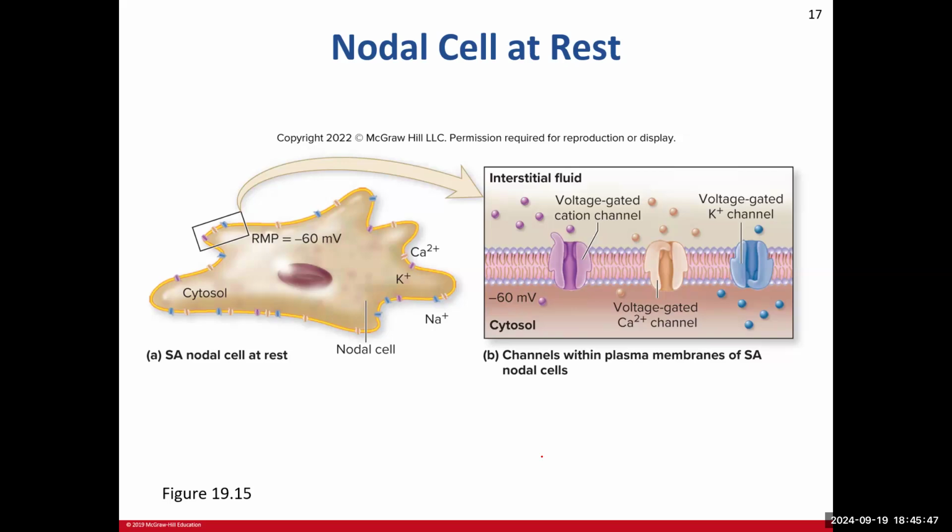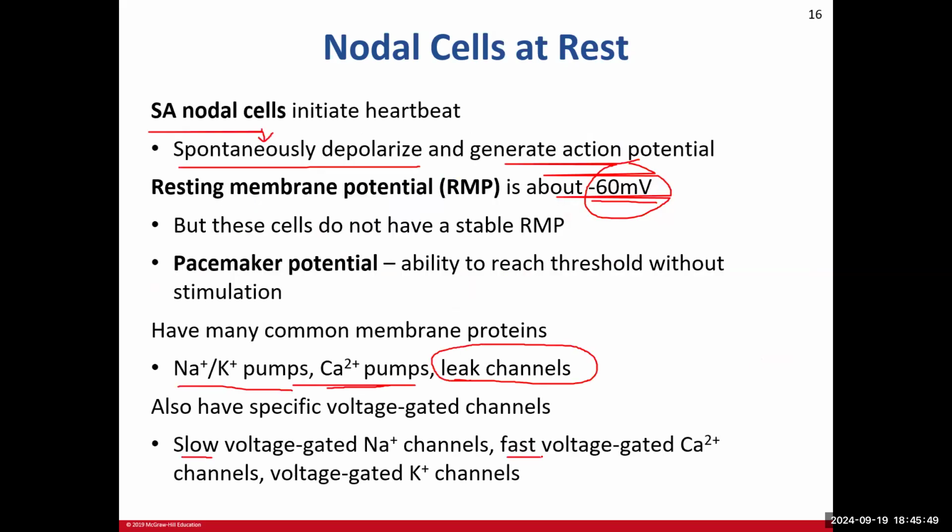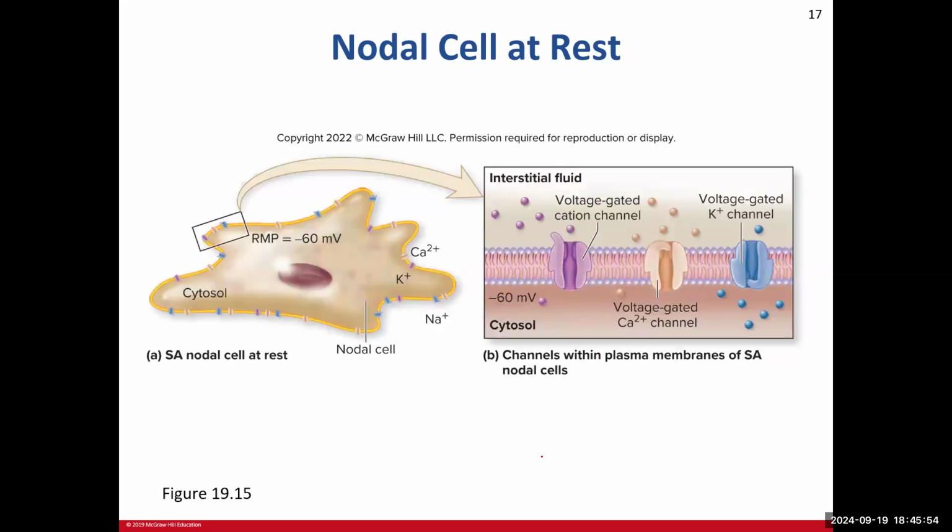So keep in mind, what did I say in the previous slide? Calcium pumps are going to pump calcium out of the cell. So that means you're going to have more calcium outside the cell than inside the cell. That's the purpose of pumps. Whatever they're named after, they move things against their concentration gradient.